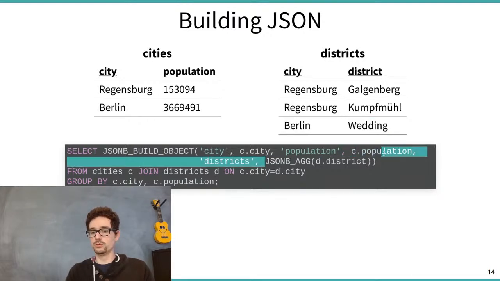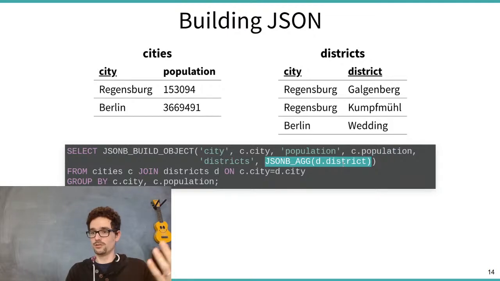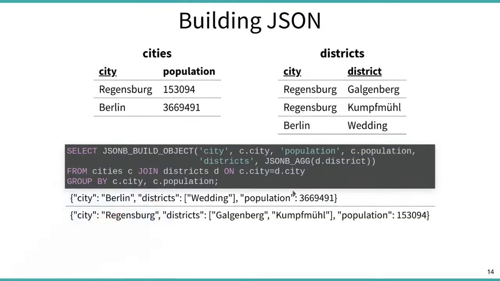So this produces out of a list of, in our case, varchars, a JSON document, a JSON array consisting of those values. So the result looks like this. For each city, we generate a JSON document, and the district is now an array containing the data here. So JSONB is an aggregation function.